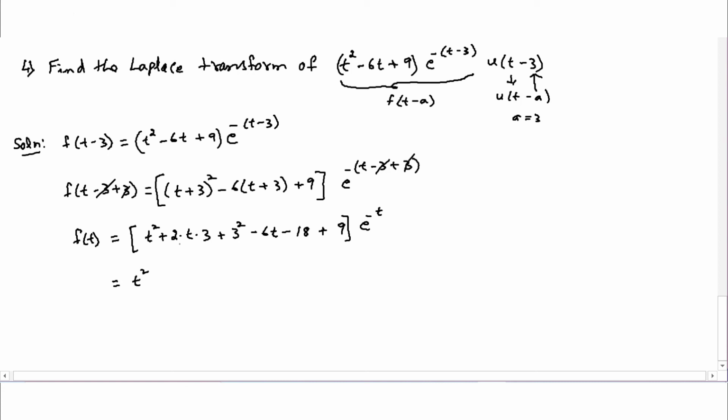Here you are having plus 3 times 2 will be 6t. So this plus 6t and minus 6t will cancel out, and you have over here 3 square is 9 plus 9, 18, plus 18 and minus 18 will cancel out. So those values will also cancel out. You are just left with t square, e power of minus t. So you got the value of f of t to be equals to t square into e power of minus t.